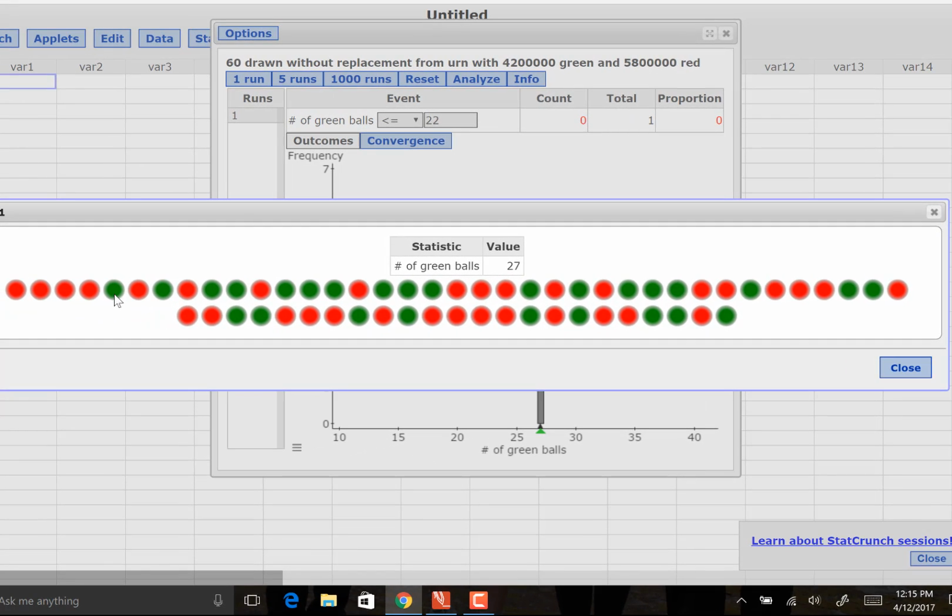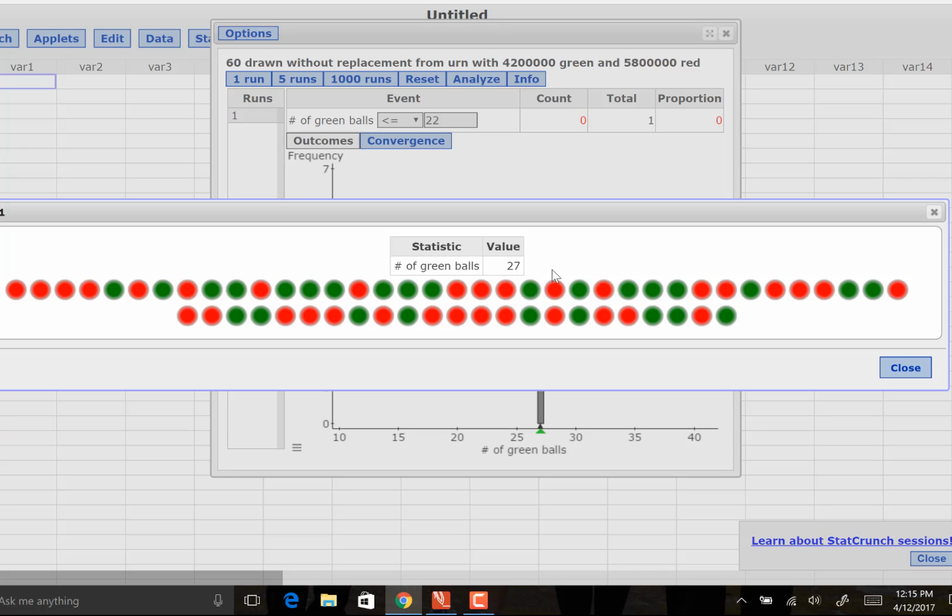Each green ball, yes, I'm Republican. And again, understand that that urn assumes the population proportion is 0.42, because we had 4.2 million green balls and 5.8 million red balls.